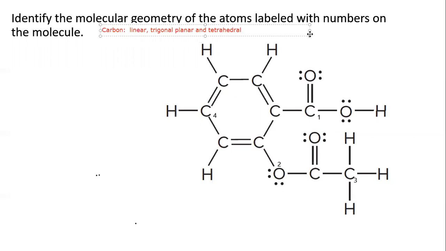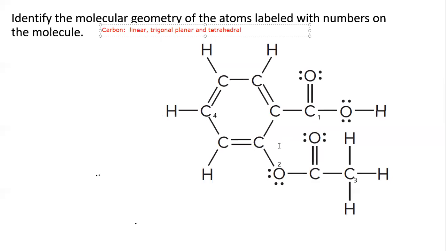It's always going to have bonding pairs of electrons. So it's either going to be linear, trigonal planar, or tetrahedral. And so that'll help you narrow down the answer choices quite substantially if you're asked what's the geometry of this carbon atom. Again, it can never have lone pairs of electrons on it.